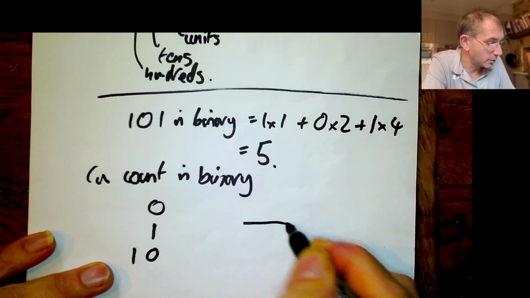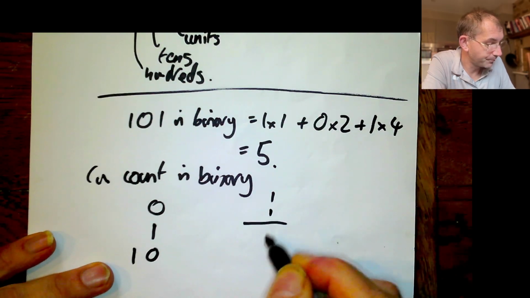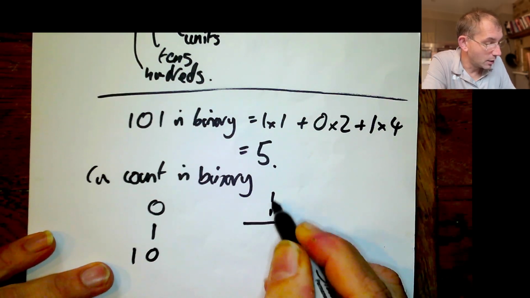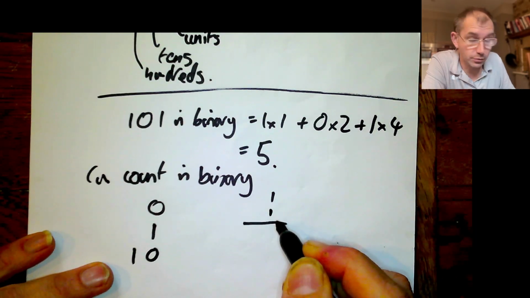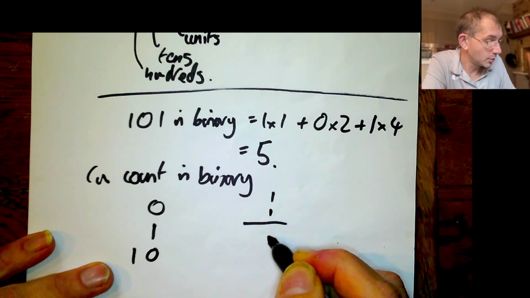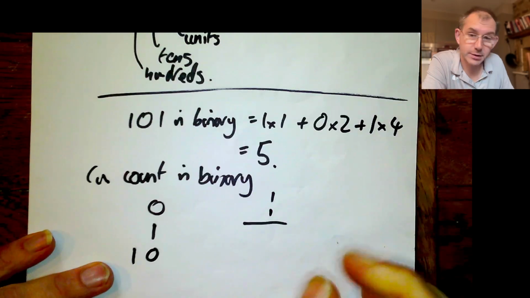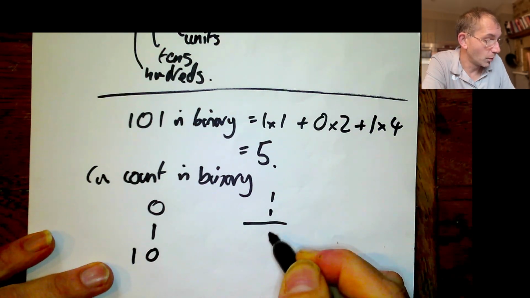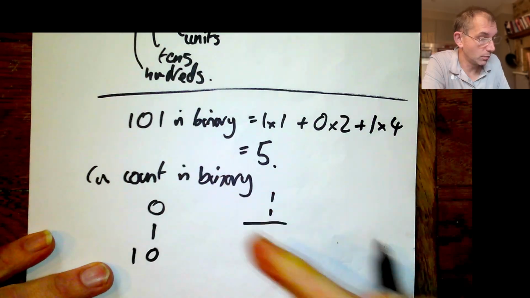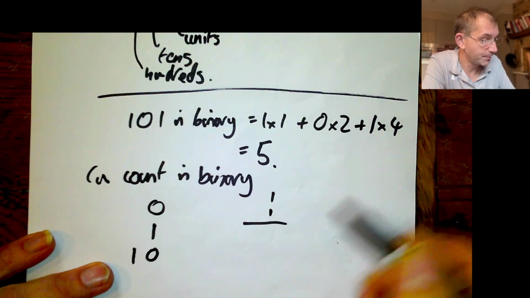If I do 1 plus 1, it will give me a 2, but I can't put a 2 because I've only got the numbers 1 and 0. So what I do is what I would do in decimal.